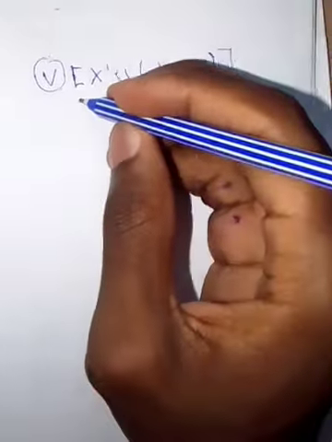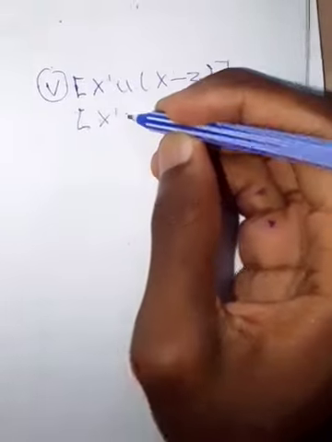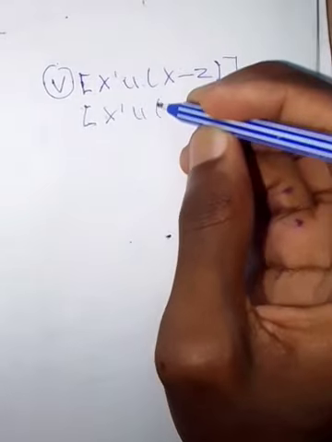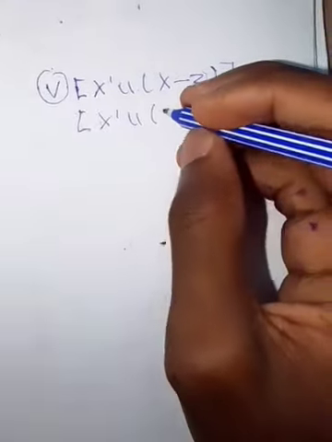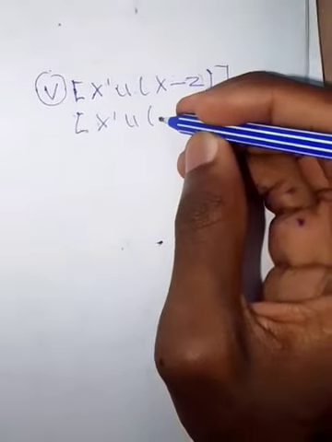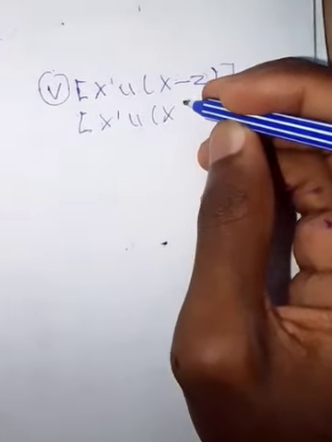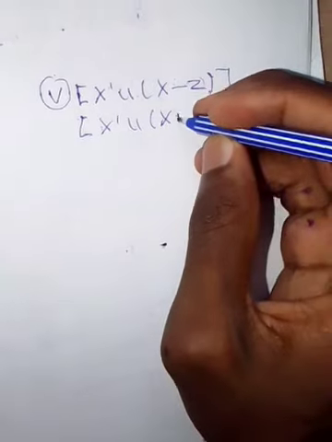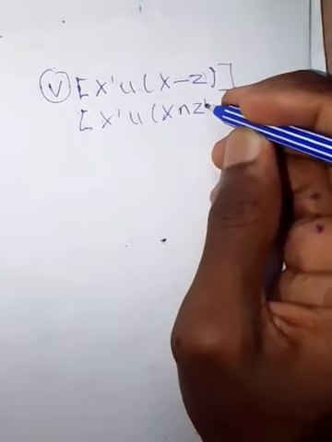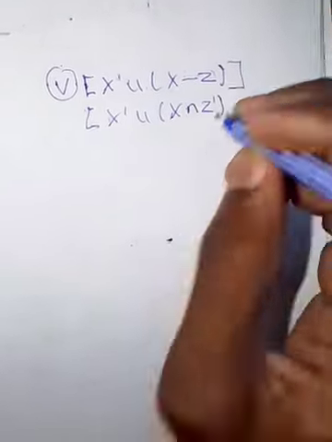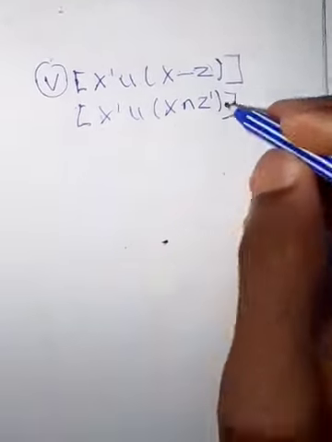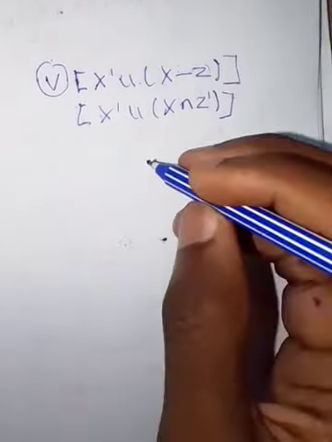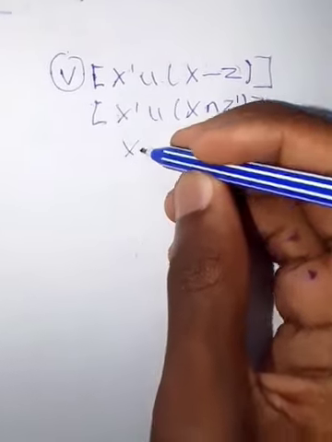So now we're going to say x complement united with, remember, whenever you have a set difference, you need to know that it's the same as having this set intersected with the complement of this set. Okay, so now since we don't have anything here, we're just going to write it like this.